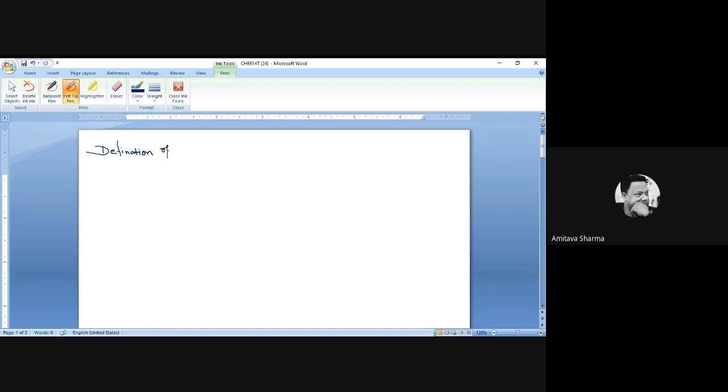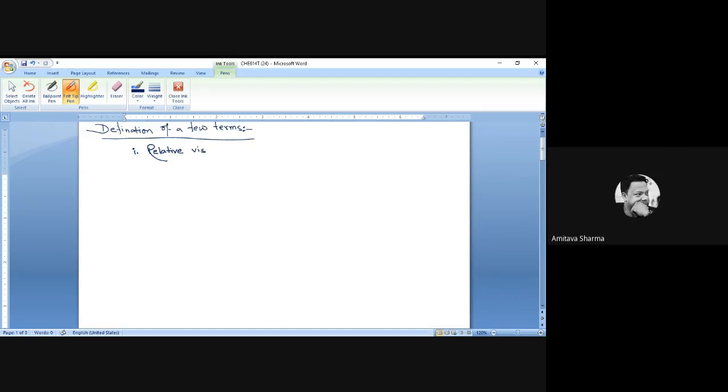So, definition of a few terms regarding viscosity. First one is relative viscosity.